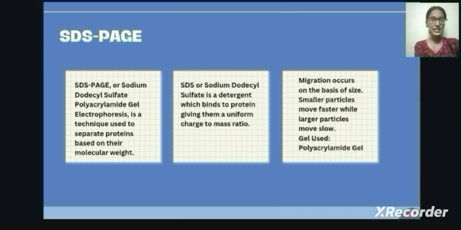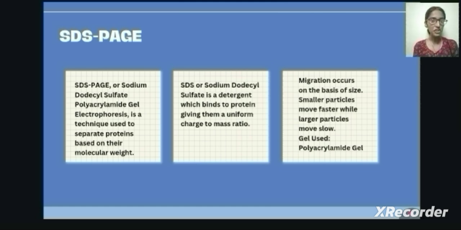Last technique which we are going to discuss is about SDS-PAGE. The second technique is SDS-PAGE, which is sodium dodecyl sulfate polyacrylamide gel electrophoresis, in which we are going to separate proteins on the basis of their molecular weight. Now SDS, which is sodium dodecyl sulfate, it is a detergent which binds to the protein, giving them a uniform charge to mass ratio.